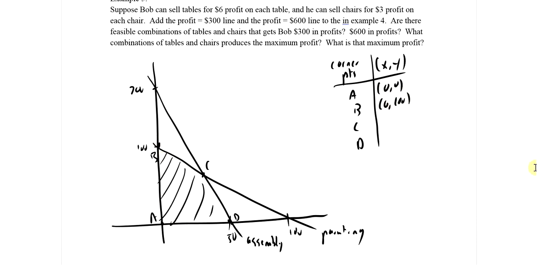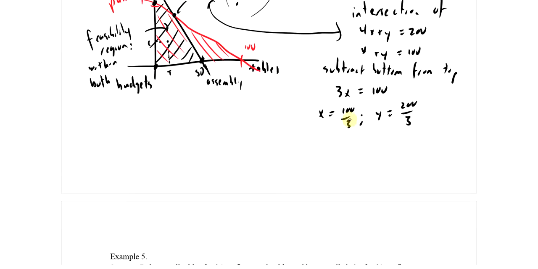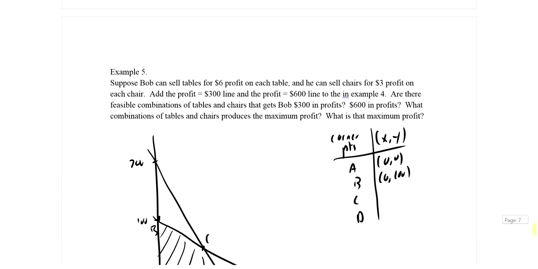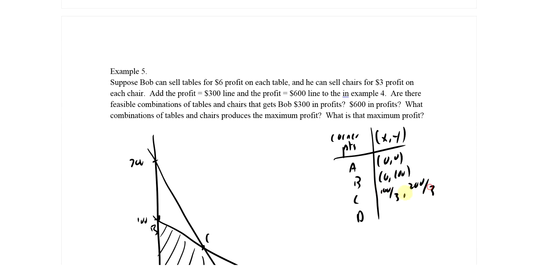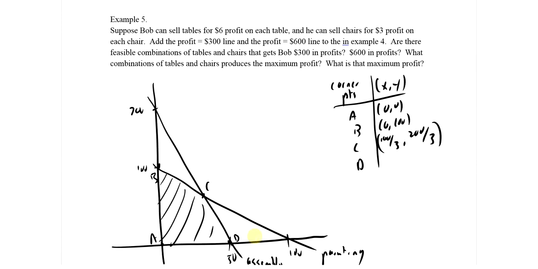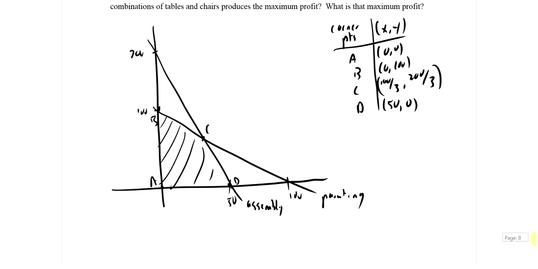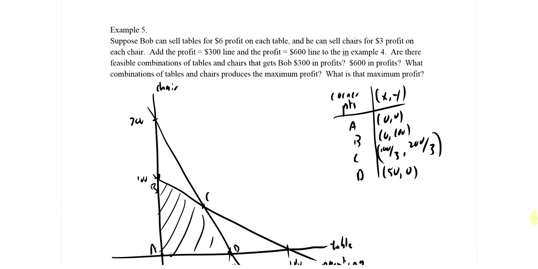Corner point C, we found out above, was 100 over 3, 200 over 3. And corner point D is 50, 0. And let's just remember that this is my table axis, this is my chair axis. Okay, great. So there's a tidied up picture from the previous thing.